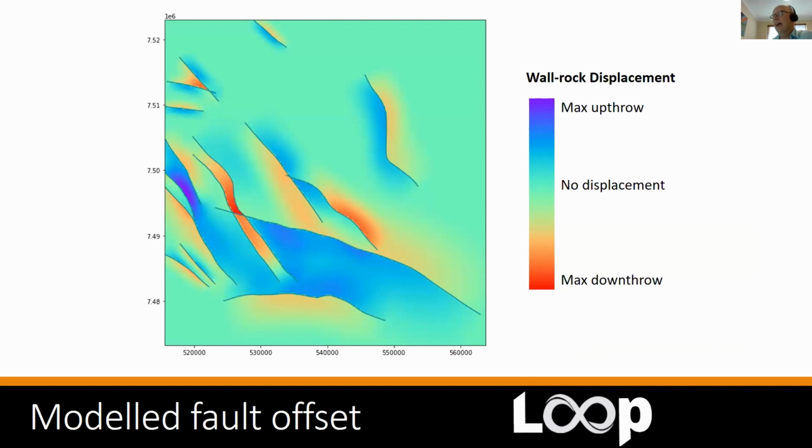So red areas are predicted to be downthrown areas, blue areas are predicted to be upthrown areas, and the sort of wishy-washy green means essentially no displacement. So again, it's visualizing which areas are horst, which areas are grabens, which of course could have major significance in terms of our understanding of the structural, but also metallogenic evolution of the region.